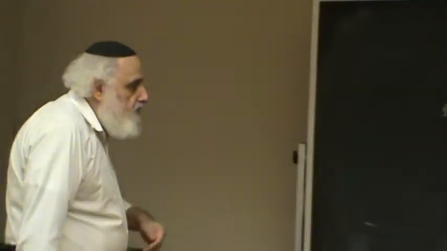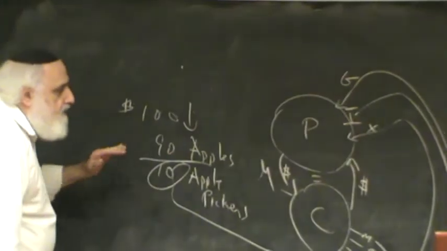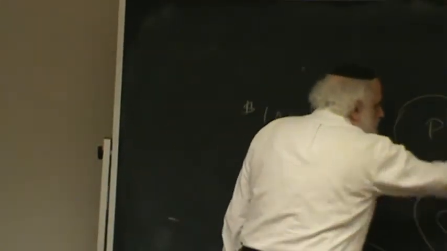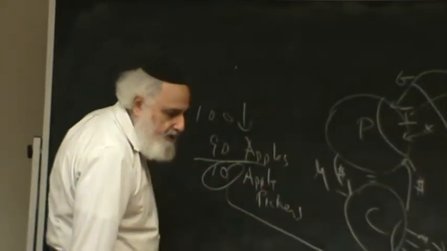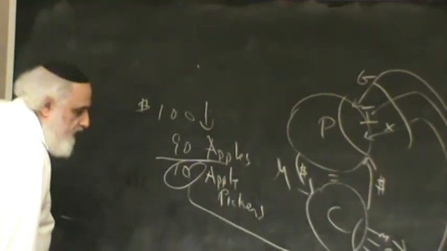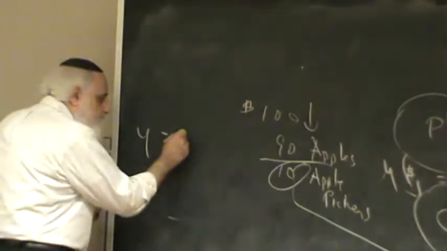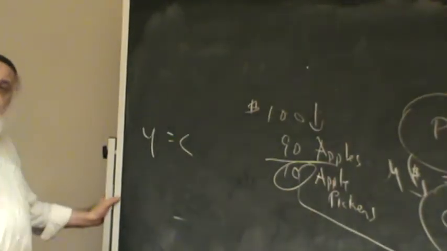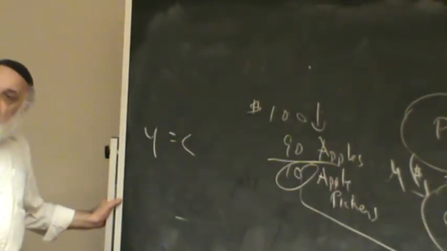So when we had only consumption, we didn't complicate this, right? We didn't complicate it with these other things going on. The equilibrium would have been Y equals C, right? In other words, the money I'm giving him, he has to give back to me.